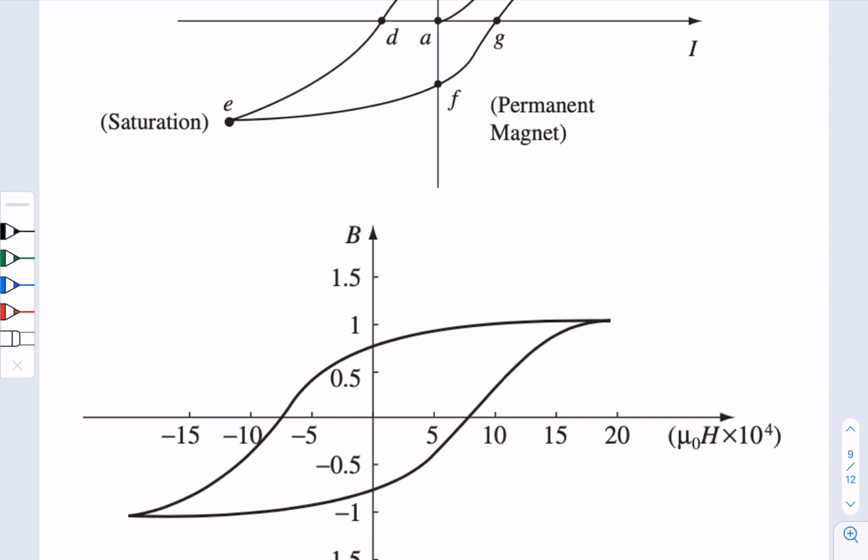So typically when you want to produce a strong magnetic field, we don't only wrap a solenoid. We always have an iron core inside of that solenoid of wires.